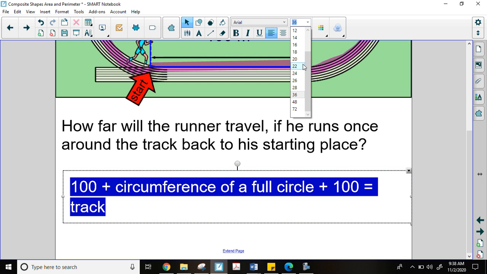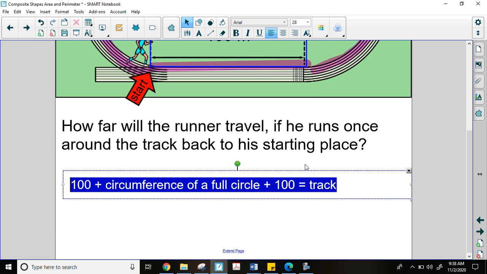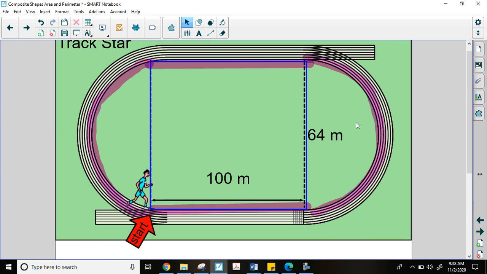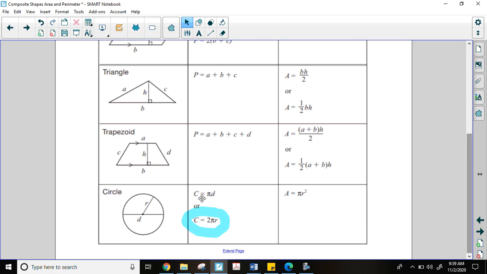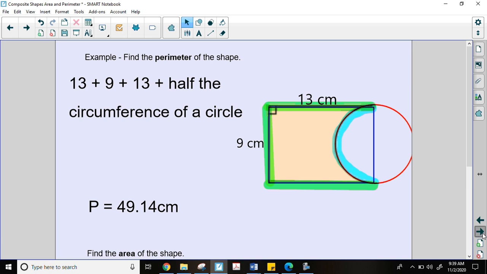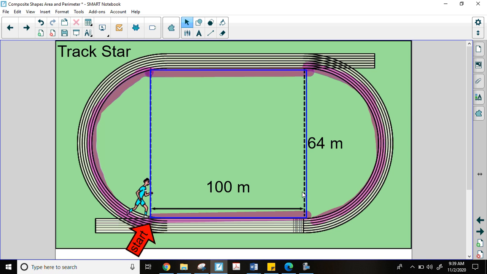Now, when we're finding the circumference of a circle, we're going to have to figure out how we want to find circumference, because if we look back here, there are two ways we can find circumference. We can either use circumference equals pi d or circumference equals 2 pi r. If I look at my drawing, I have the diameter for the circle.